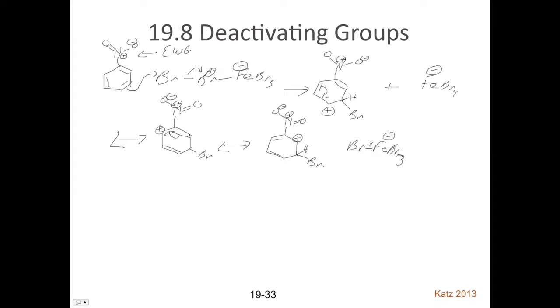As you might imagine, this guy here will swing on, grab that proton right there, and rearomatize the ring, giving us the meta bromo nitro compound that we so crave. Plus HBr and FeBr3. So that's the whole mechanism.